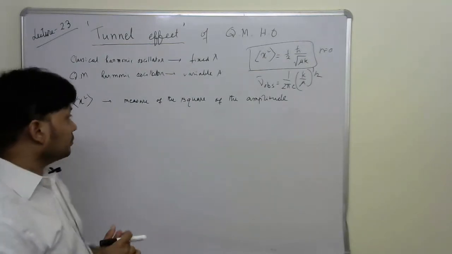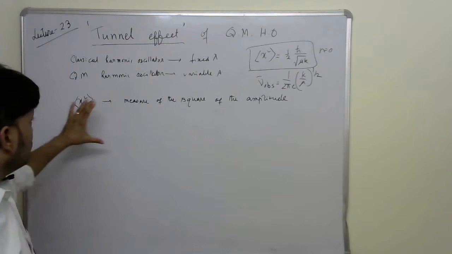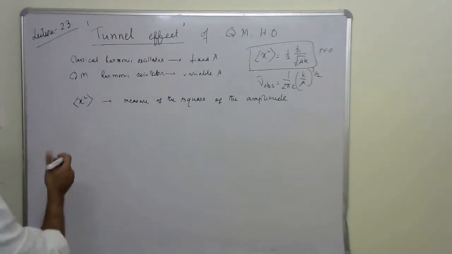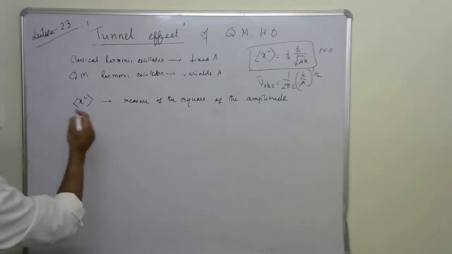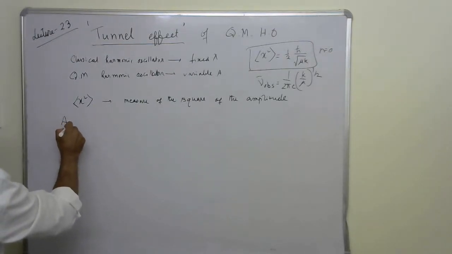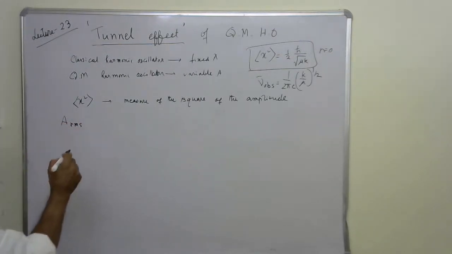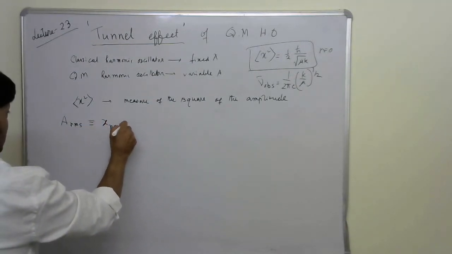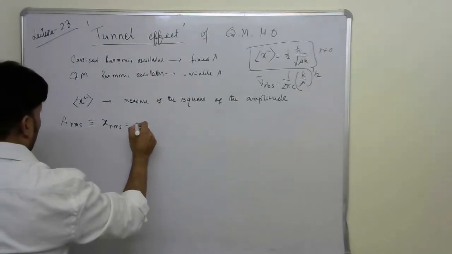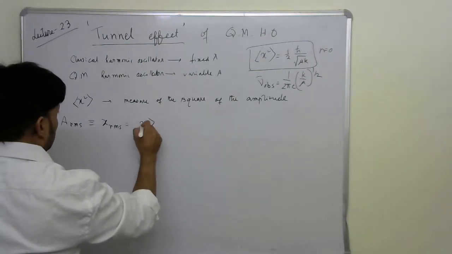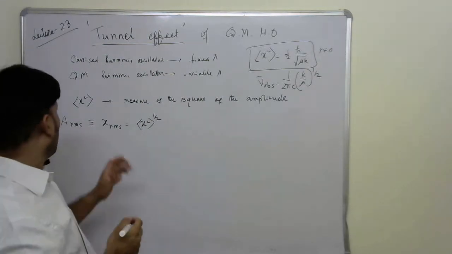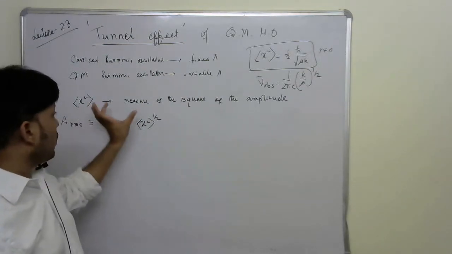All right, so if I want to measure the average amplitude, then we take the value called the amplitude RMS, or root mean square amplitude, which is equivalent to the root mean square displacement. It is taken simply as the square root of the average of the square of the amplitude.